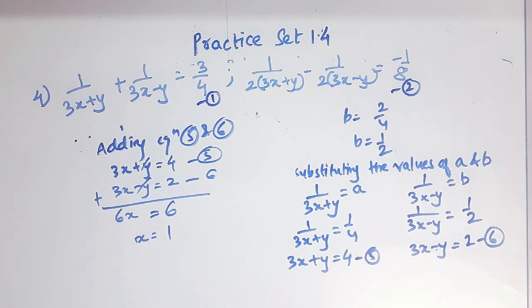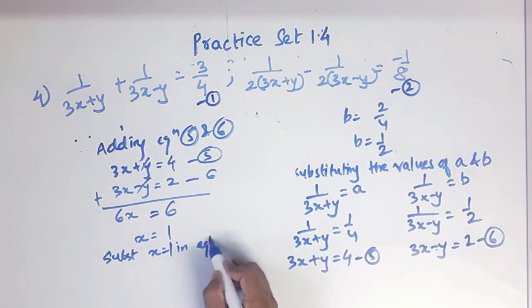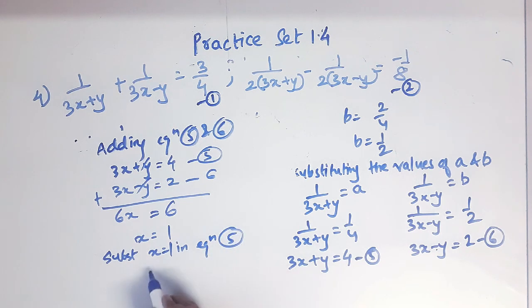Okay. Now because x is equal to 1, we can find the value of y. We'll substitute in equation number 3 or equation number 5. Substituting x is equal to 1 in equation 5. So 3x plus y is equal to 4.